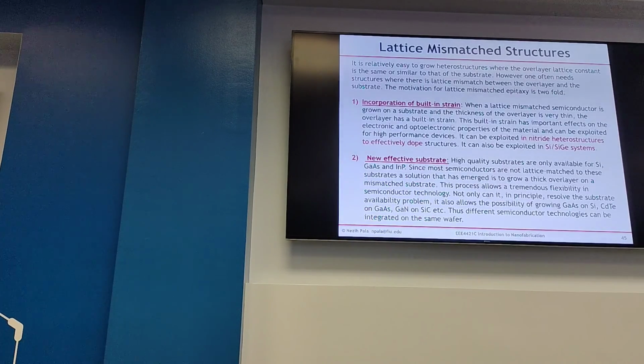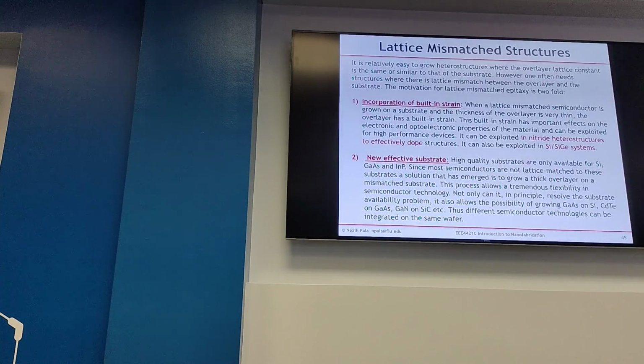So the advantage of epitaxy is you can have a built-in strain. When you don't have a perfect lattice match, there will be strain, as we'll talk about in a moment, and that may bring some additional benefit. Strained materials, especially in the silicon germanium case, improve the mobility, so you can have better devices.